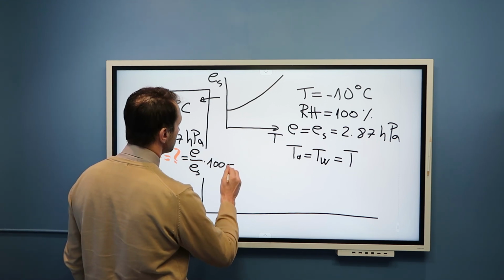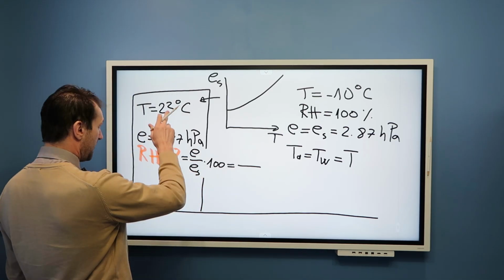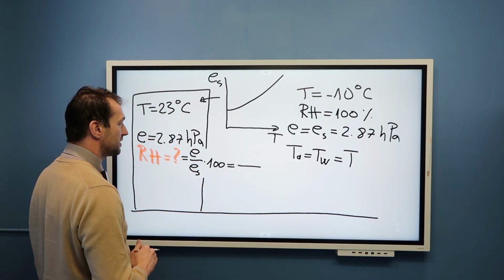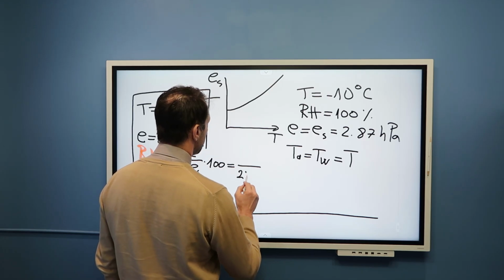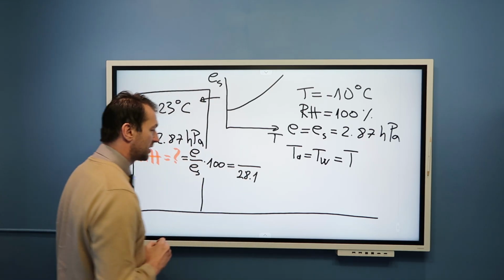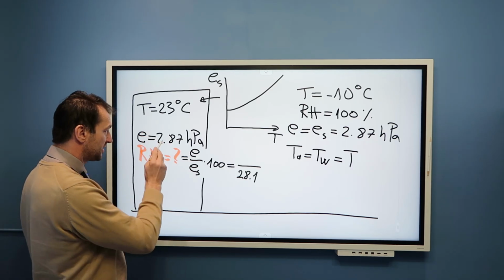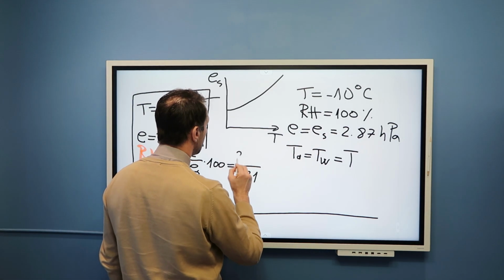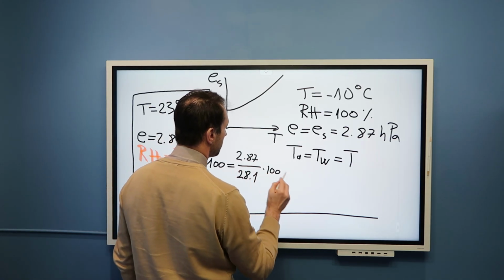Now, it happens, again, that I know that the saturation vapor pressure at this temperature, 23 degrees, is 28.1 hectopascals. And the actual water vapor pressure inside is the same as outside, 2.87 times 100.